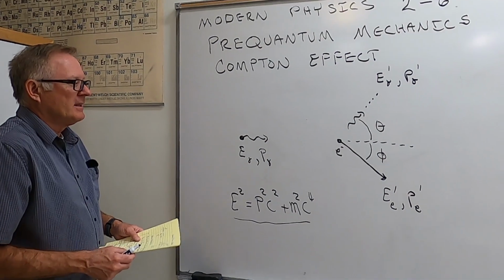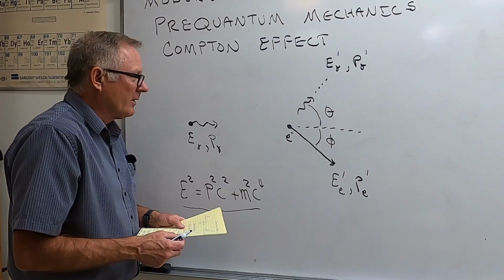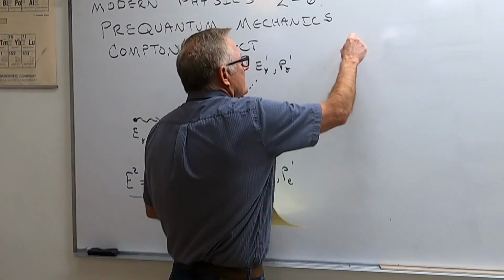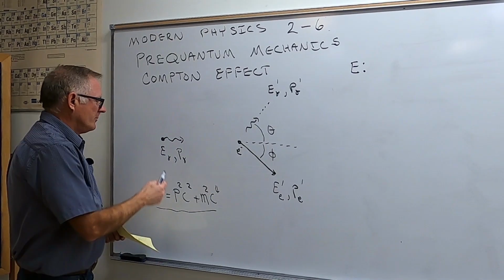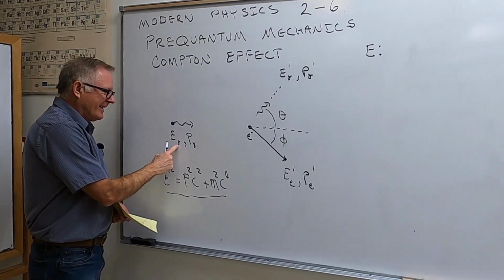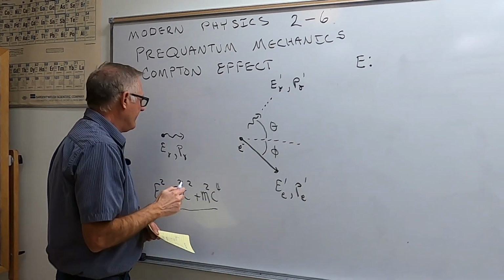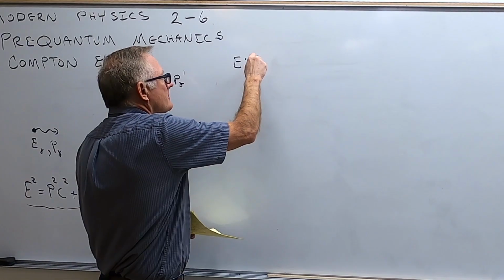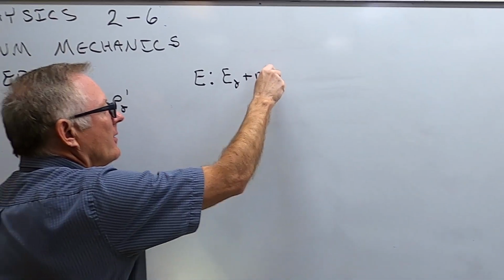Okay, well, let's go ahead and write out our equations then. First of all, let's write out the energy equation. Well, the energy before, we've got E gamma, and the electron is not moving, so it's just mc squared. So we've got E gamma plus m of the electron, c squared.